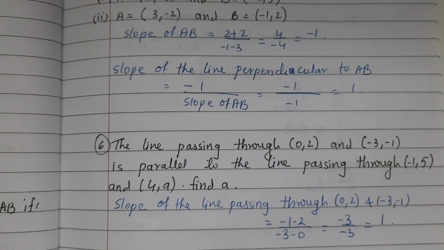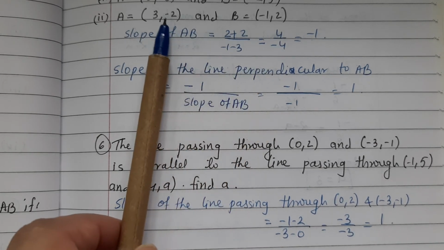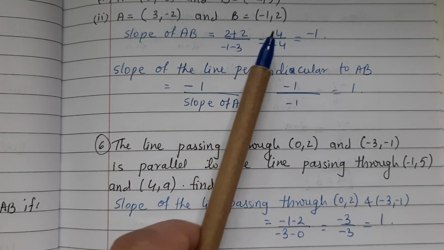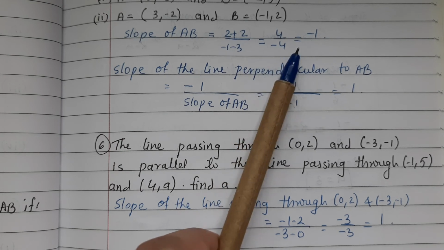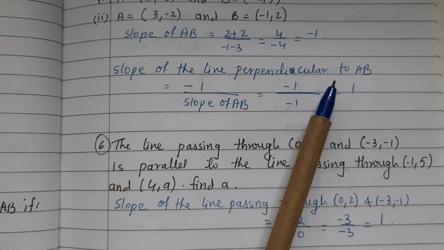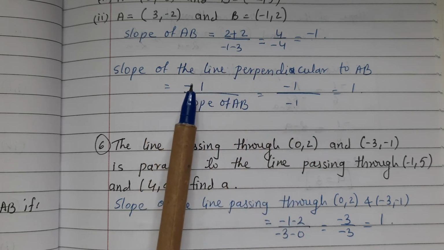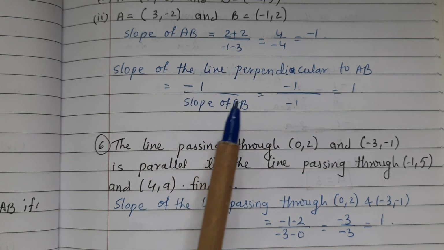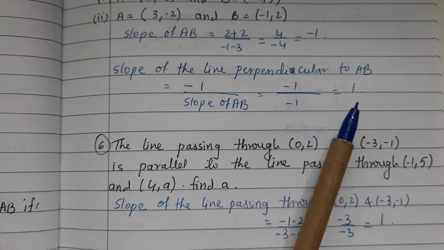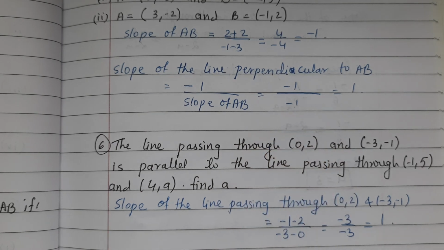Part 2, A equals (3, -2) and B equals (-1, 2). Slope of AB equals (2 - (-2)) upon (-1 - 3) equals 4 upon -4 equals -1. Slope of line perpendicular to AB equals -1 upon slope of AB equals -1 upon -1 equals 1.